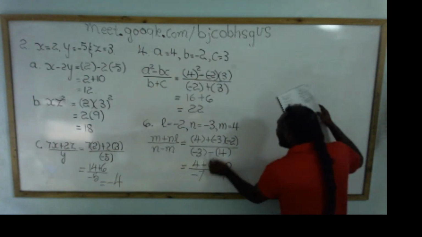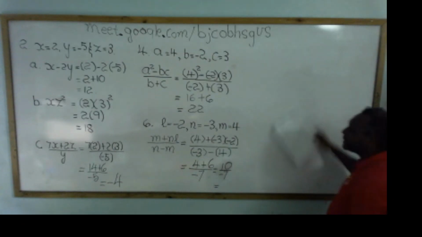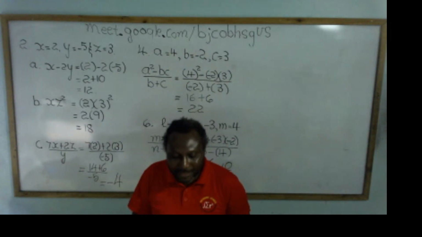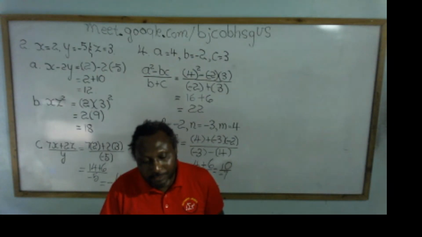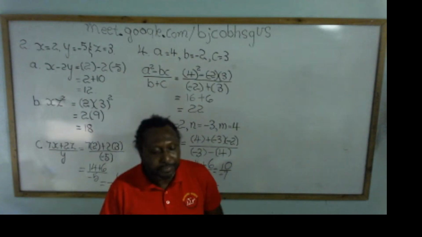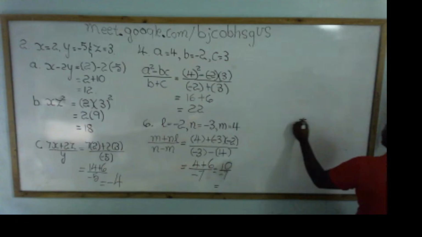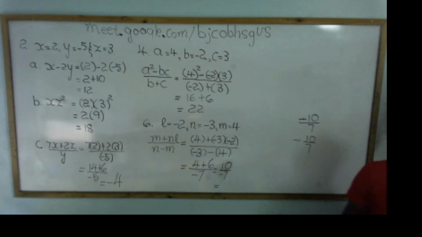Students, there are three correct ways to write that answer. So 10 over negative 7. Now students, do not leave your answer with a negative denominator. So this can be written, all these are equal: negative 10 over 7, the negative of the fraction, and then 10 over negative 7.